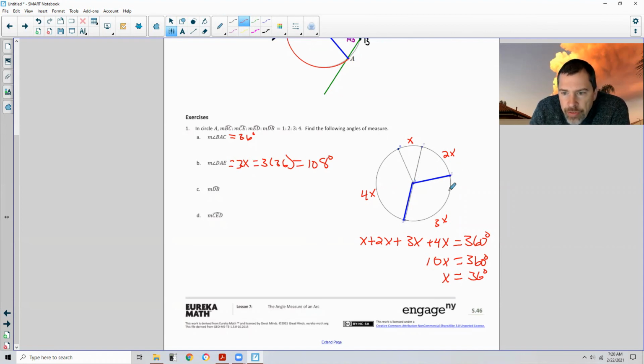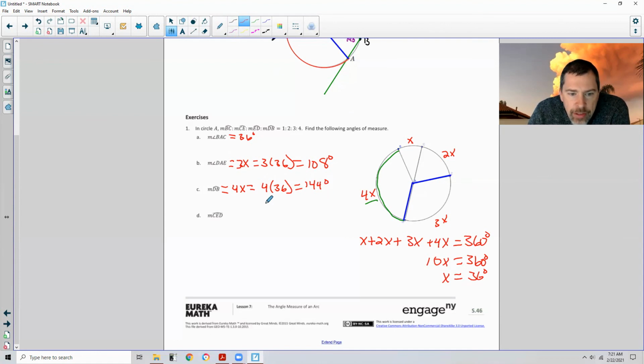The measure of arc DB is this arc right here, that's 4x. So it equals 4 times 36, which equals 144 degrees, or 108 plus 36.